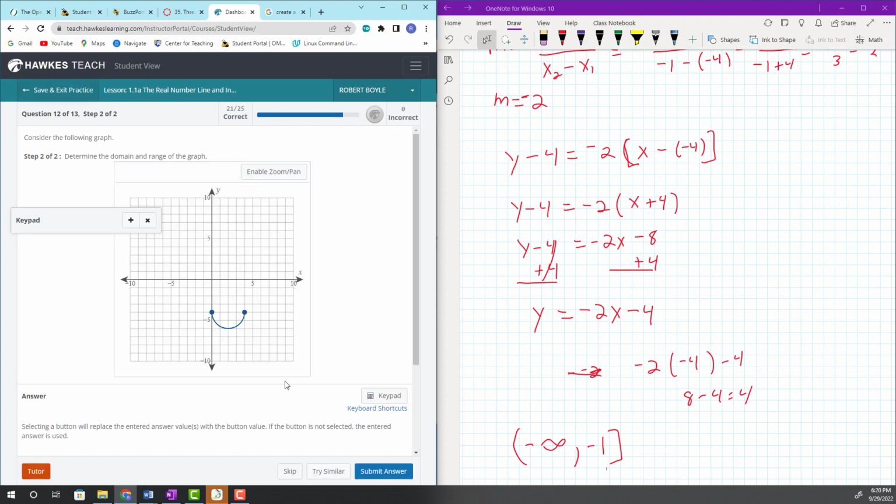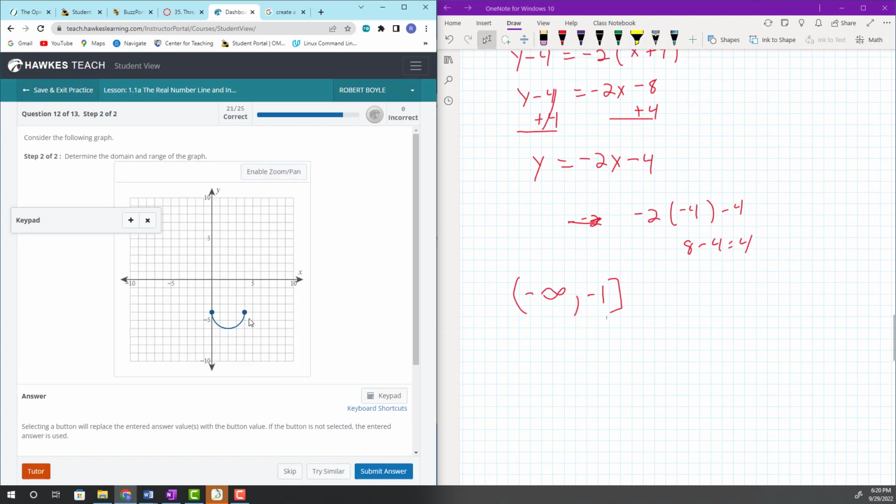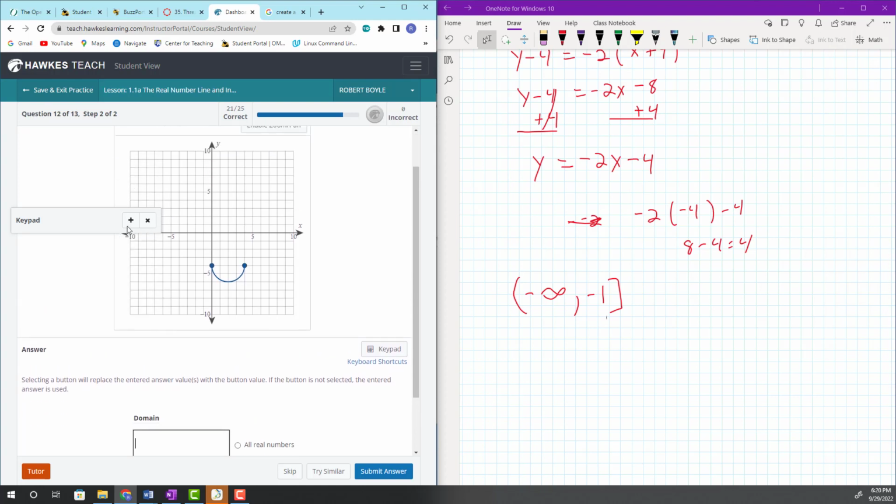What is the domain of this function? To figure out the domain, what we want to do is start over here, the negative x values, and go up the x-axis until we see where the graph starts.